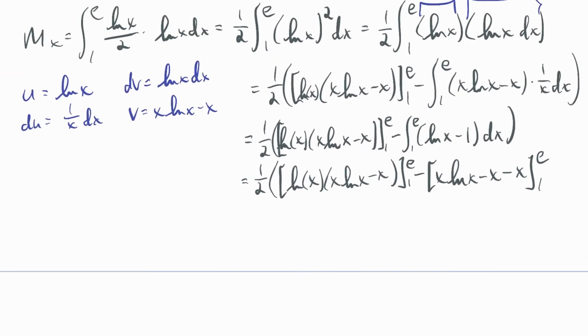So this equals 1/2, close parentheses, 1/2 times, let's say ln of e, that's 1, times e times 1 minus e. Minus 0, ln of 1 is 0.